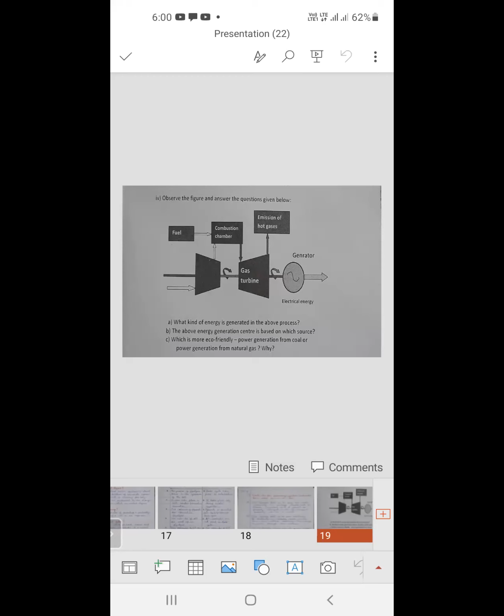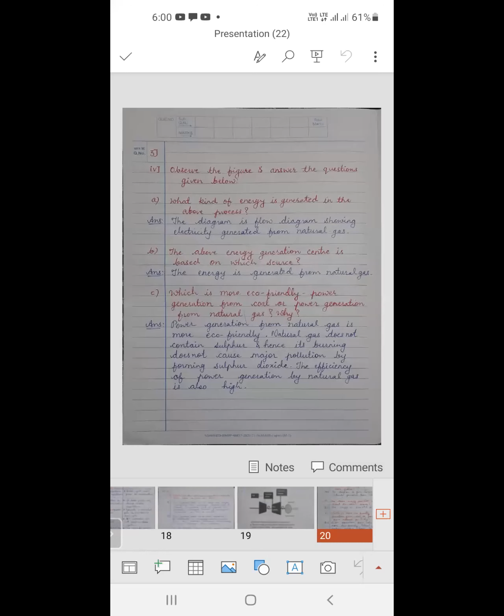And the second question: the above energy generation center is based on which source? The answer expected is: the energy is generated from natural gas.